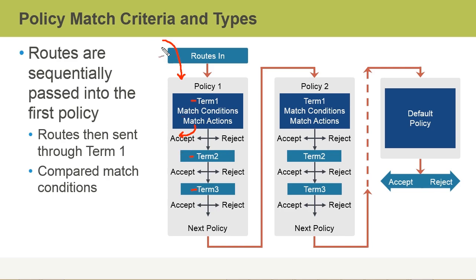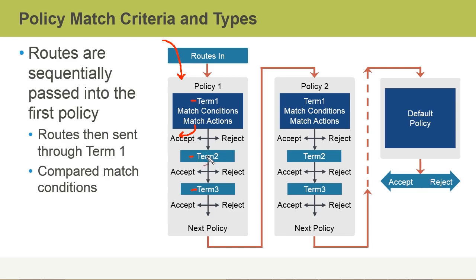Now, if the routing information is coming into your device, it hits policy 1. Let's say the actual first term is testing to see if the protocol is OSPF, but let's say it's not OSPF, it's RIP. It's a RIP message. So because there's not a match, it goes over to term 2, and term 2 is another test that would execute.